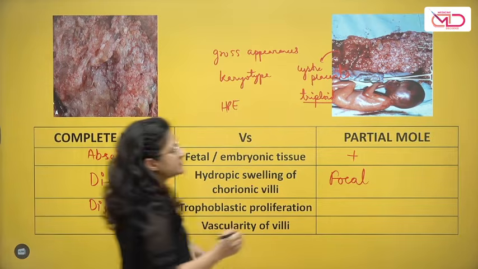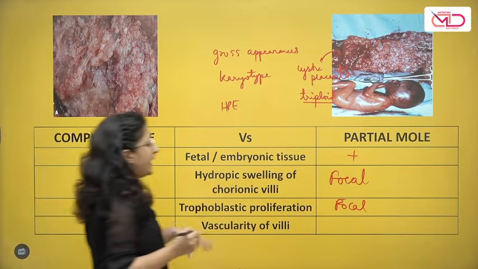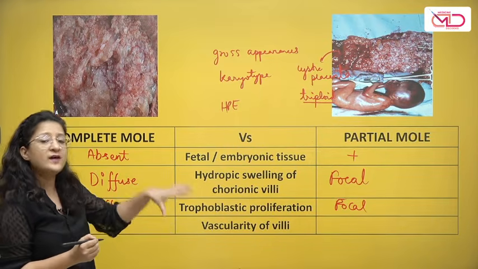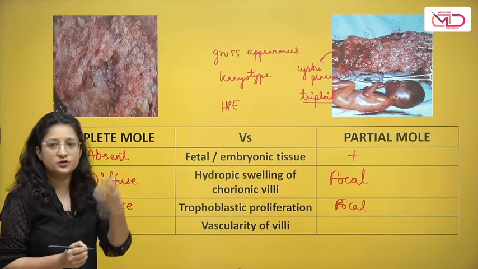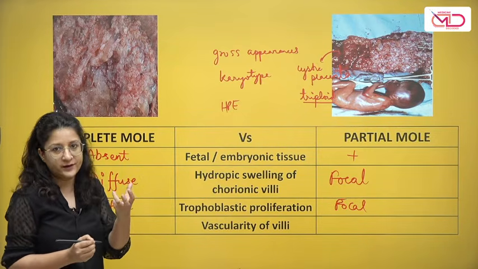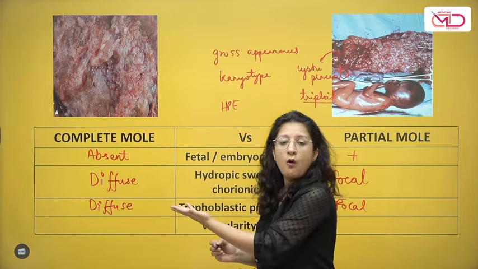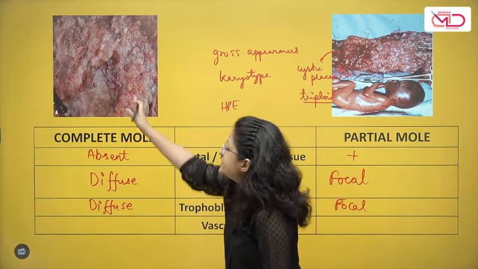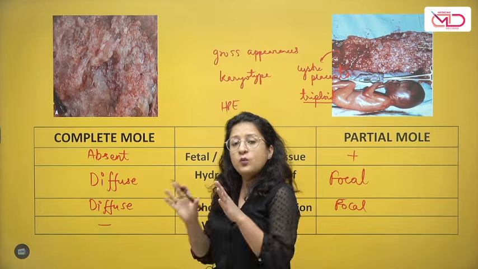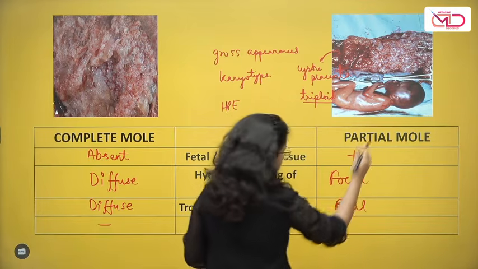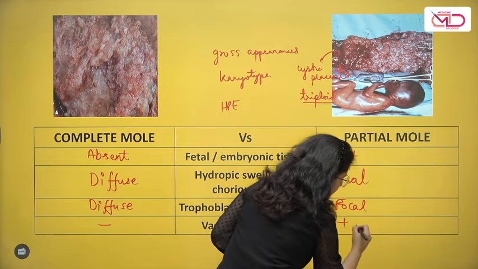The trophoblastic proliferation in a partial mole is focal, and then there is the vascularity of the villi. Now the vascularity of the villi is basically because of the fetal vessels which are traversing the chorionic villi, right? Now the complete mole has no fetal tissue at all, so the vascularity is absent in a case of complete mole, whereas in your partial mole, the vascularity is going to be present focally.